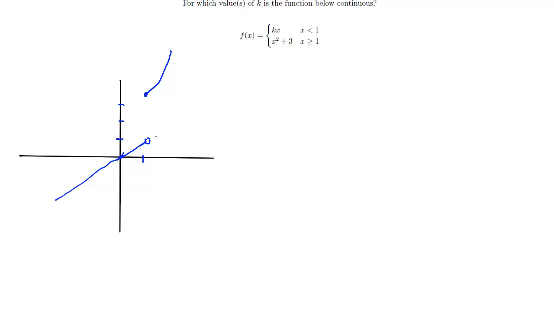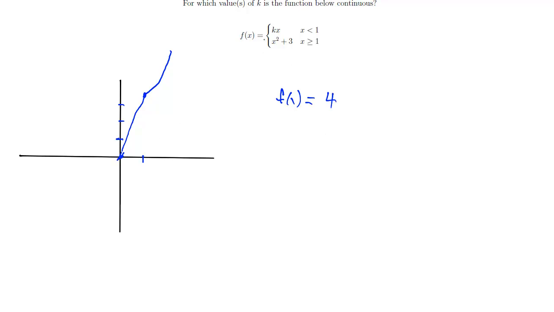Well, we have to make the slope big enough so the lines run into each other. Let's see how we could do that. What we want is to make the line look like that, essentially, so they match up. To do that, we have to figure out what this point is right here. If we plugged in 1 to our function, f of 1 is equal to, well, we'd use the bottom definition, x squared plus 3. 1 squared plus 3 is 4. So the value of the function is 4.